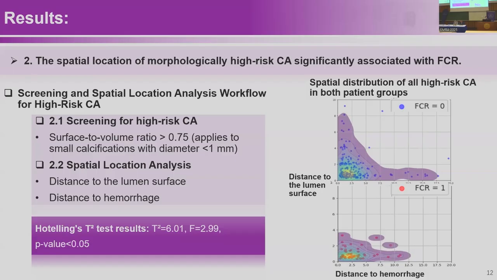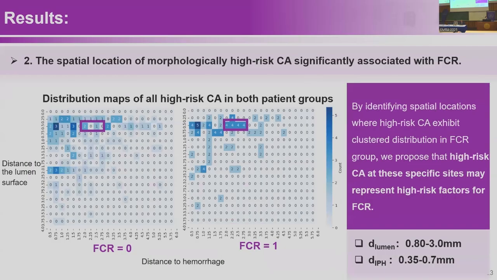So next we want to analyze the spatial distribution of those high-risk calcifications. We used the 2 distances. The Hotelling's T-squared test results showed that the p-value is less than 0.05, which means that the spatial distribution of the morphologically high-risk calcification is indeed significantly associated with FCR risk.